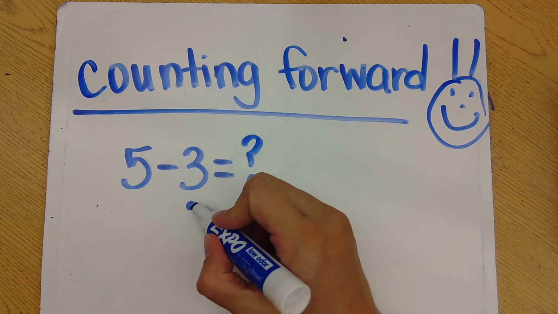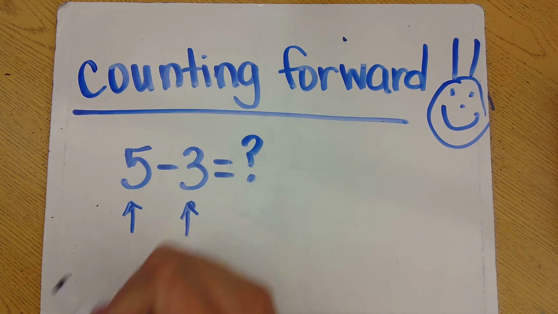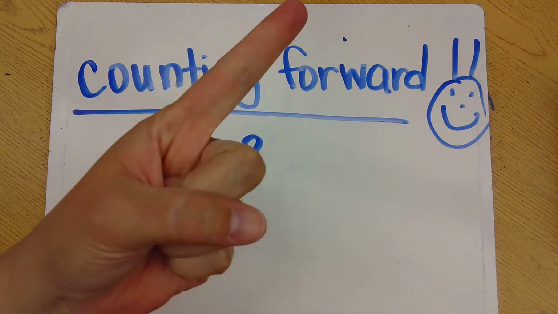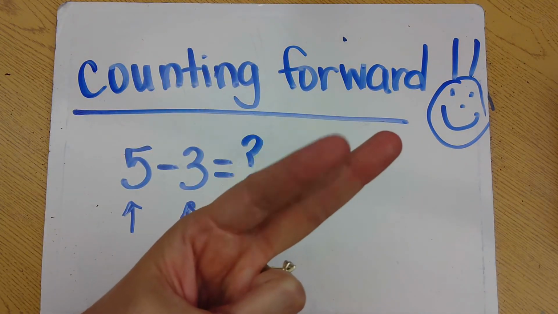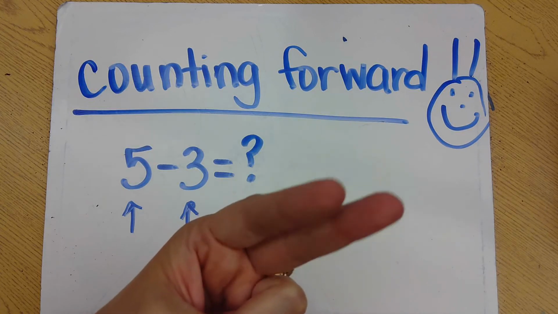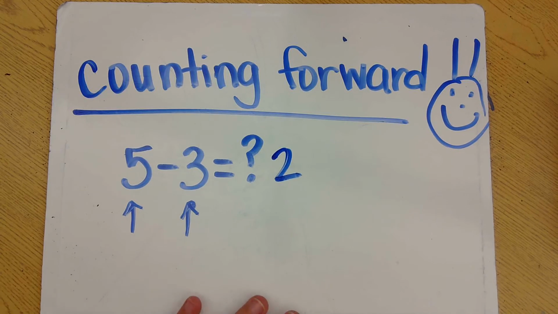So I'm going to start counting at 3 and I'm going to stop counting when I get to 5. Let me show you. 3, 4, 5. I added 2 onto my number. So the answer is 2.